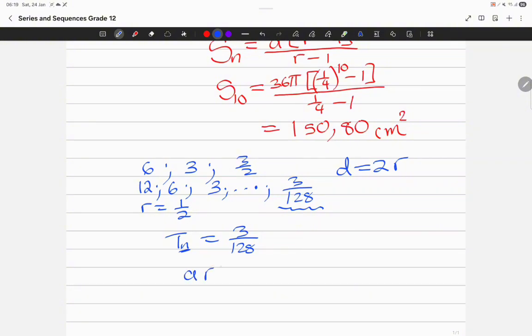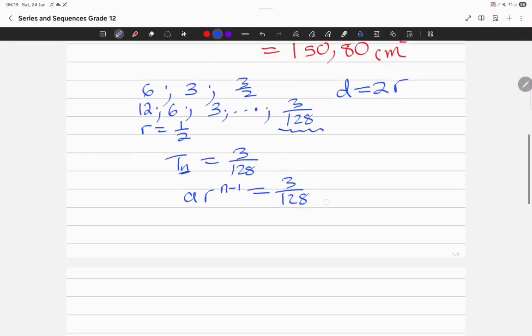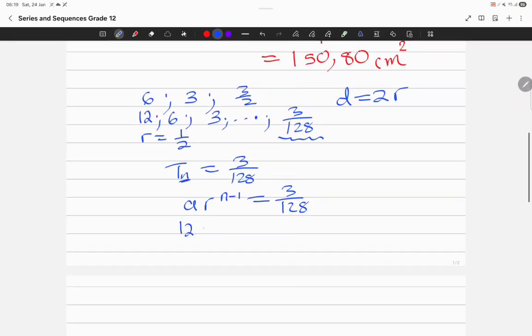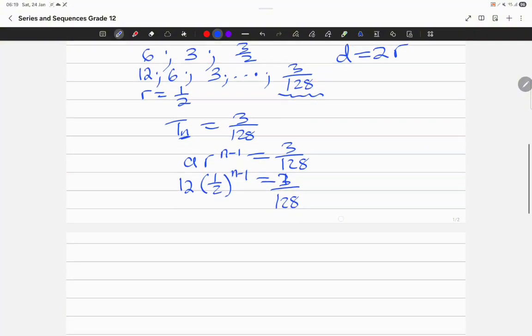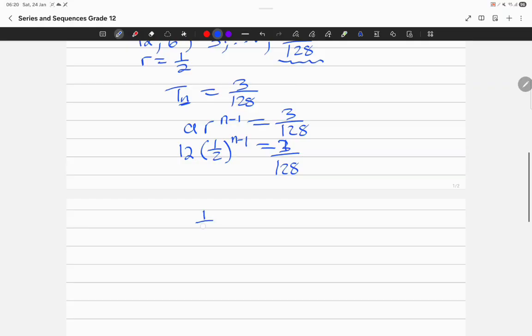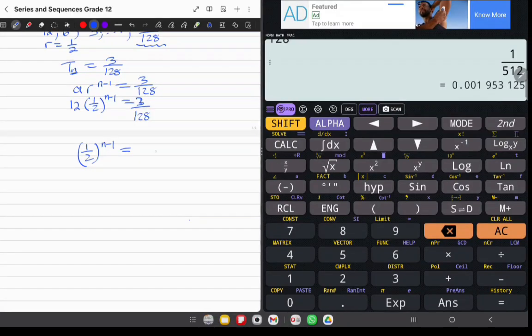Right? Tn is a times r to the n minus 1, which is 3 over 128. And then a is 12, r is half, so 3 over 128 equals 12 times half to the power n minus 1. We divide by that 12 and get 1 over 512.